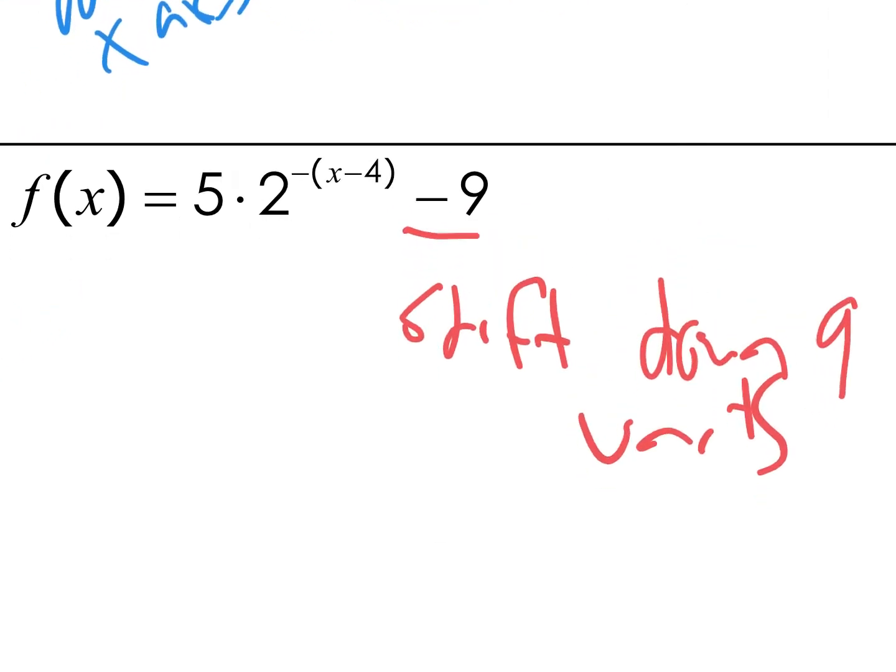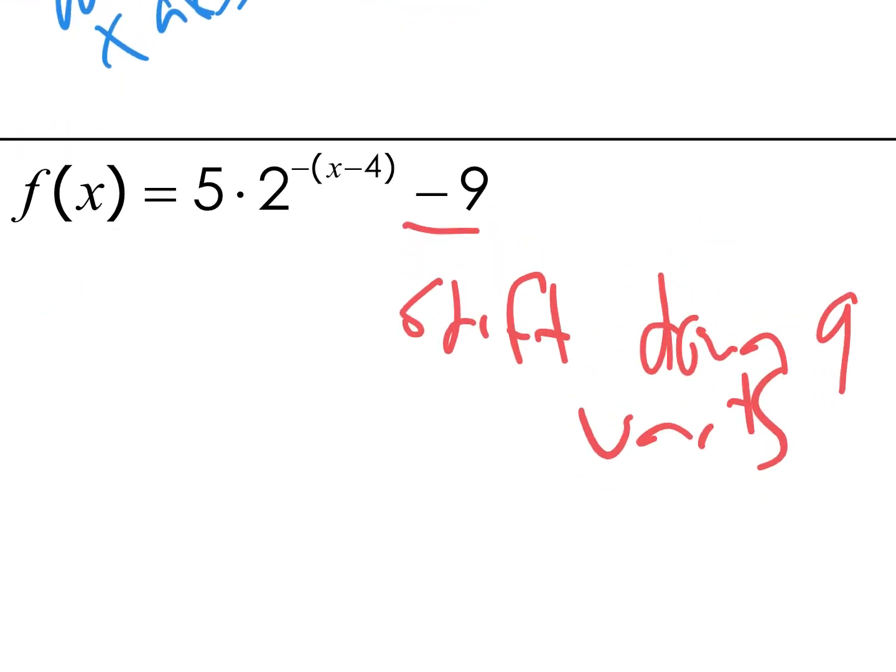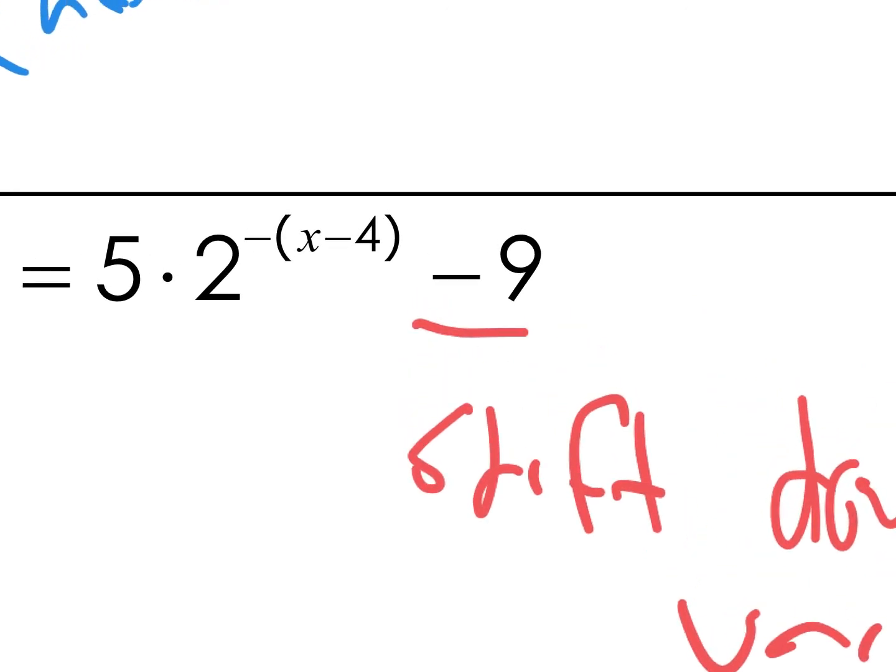Look what's happening here. Now, there's a trick here. He's trying to trick you. You think that it's a minus 4, which would normally mean shift to the right 4. But there's a negative out front of this parenthesis, so it's really a negative x plus 4.